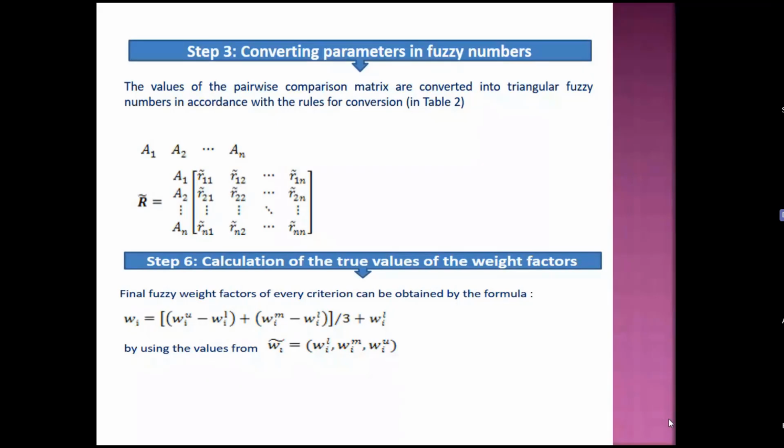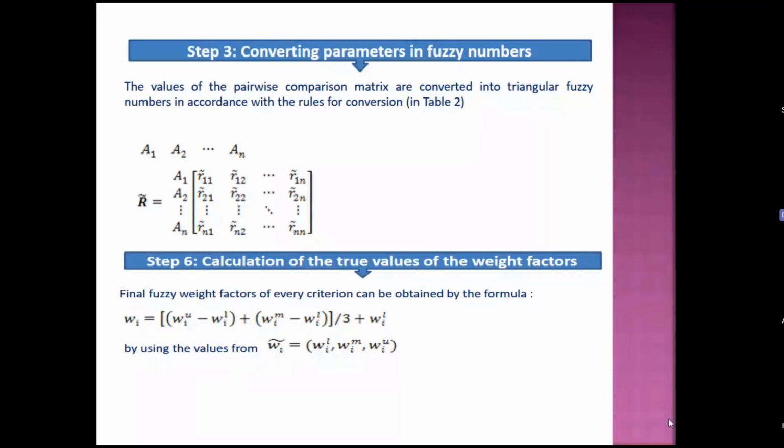Like in the Saaty scale, we have direct values 1, 3, 5, but in the fuzzy scale, I will show you in the next slide, we have three values, and the expert has to select one of them. So it basically overcomes the uncertainty of humans.